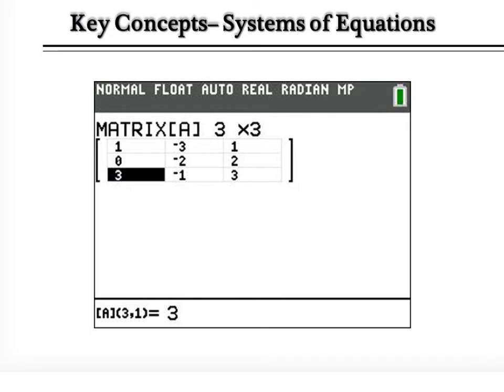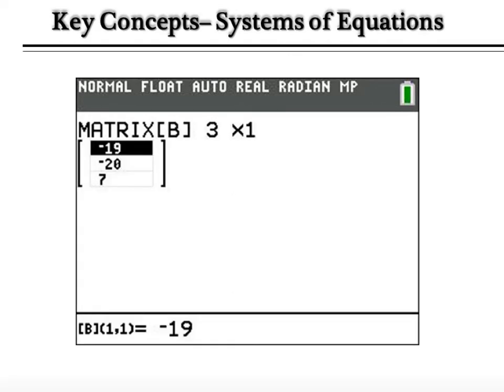My matrix A has my coefficients. I have 1, -3, 1, 0, -2, 2, 3, -1, 3. Now I'm ready to enter matrix B, which are my constants. I've gone into matrix B. My constants are -19, -20, and 7.